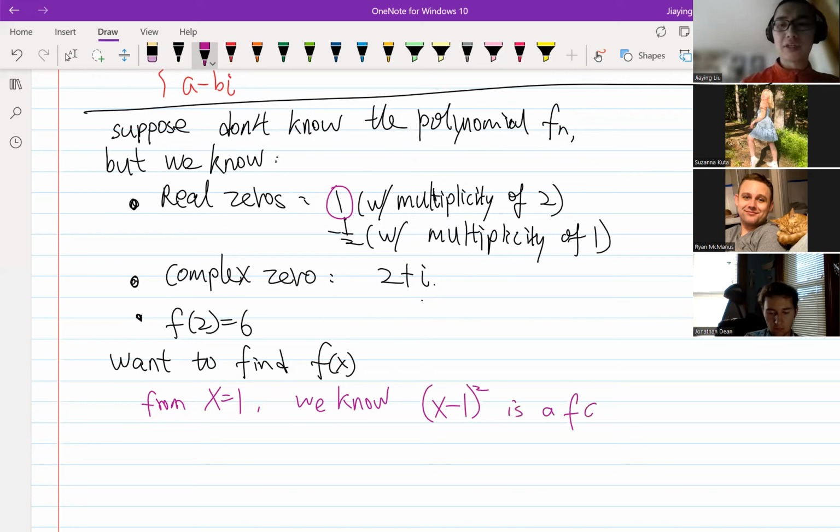And from x equals negative 1/2 with multiplicity of 1, we know that x minus negative 1/2, or x plus 1/2, is a factor.